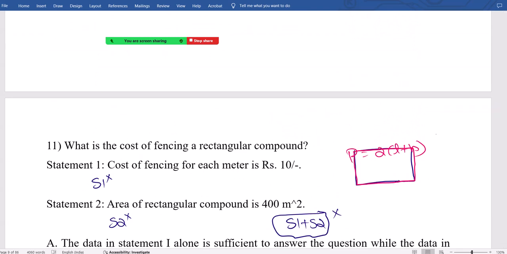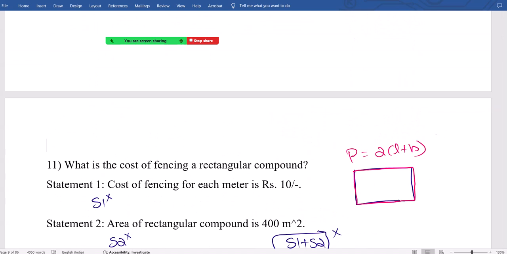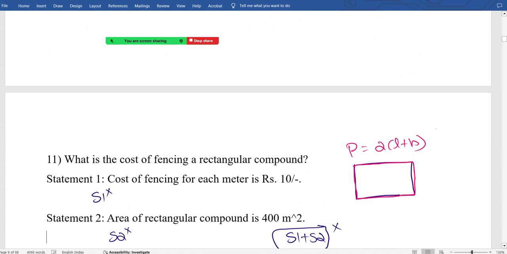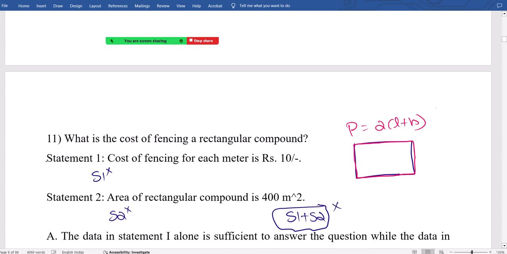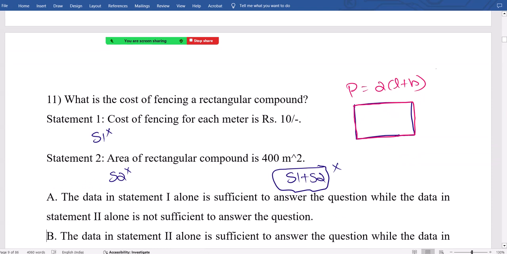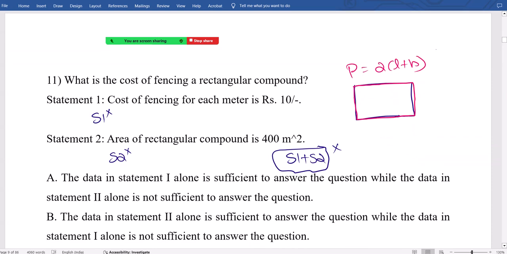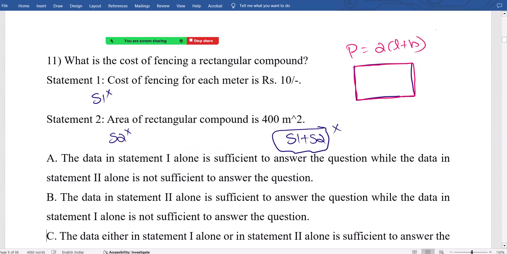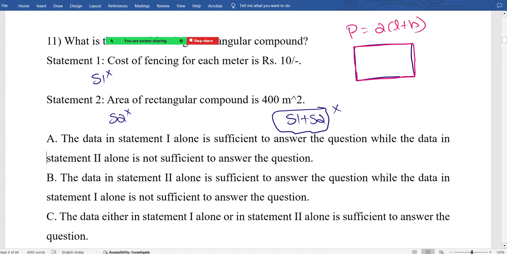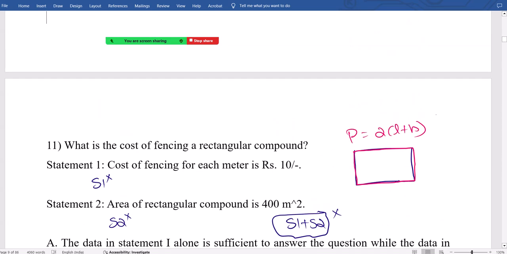We got the cost of fencing per meter, so we have to know the length of the perimeter. If I know the perimeter of the entire rectangular compound, then perimeter into 10 rupees will give the cost of fencing. But here we cannot do that. Both statements together are not enough to answer the given question. So data sufficiency: what data is required to answer the question? It's as simple as that.